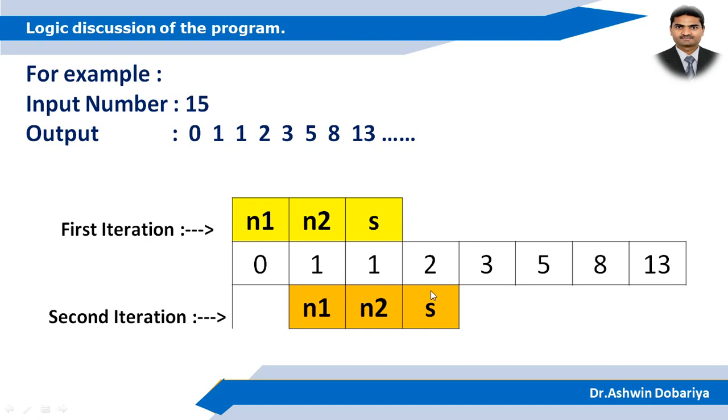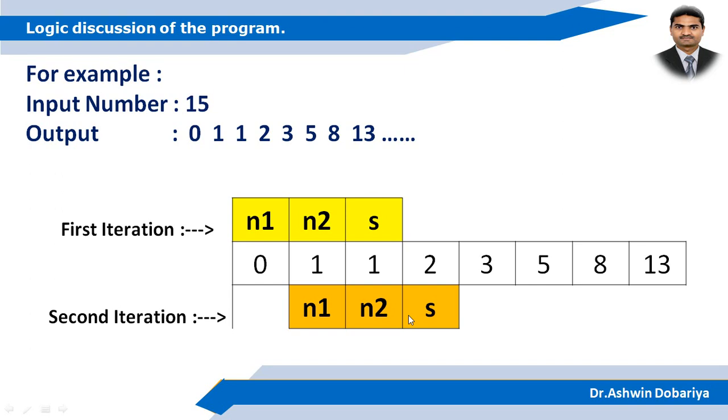Now this is the second iteration. For the third iteration, for the value 3, 2 becomes the second number and the earlier one becomes the first number. The third number is always the sum of the previous 2. So in the second iteration, whatever the value of s, it becomes n2, and whatever the value of n2, it becomes n1. Once you get n1 and n2, you can easily calculate s.